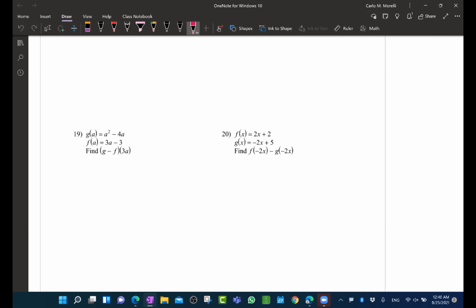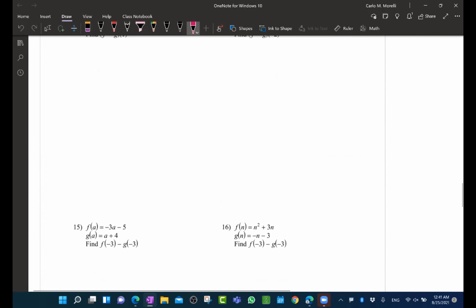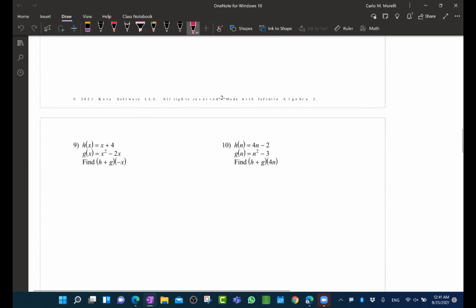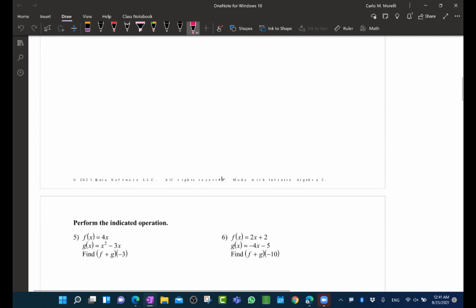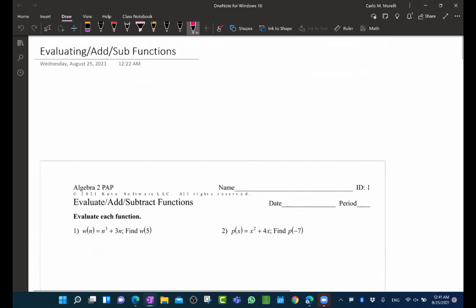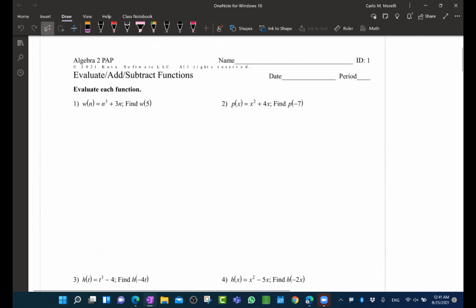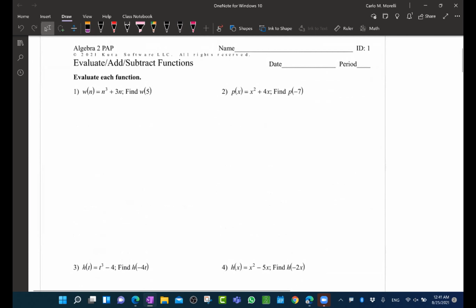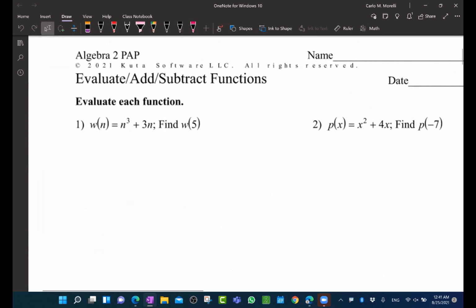Then we're going to subtract the results. All right. What I'm probably going to do is solve all of these and then cut some of them out so you actually have some work to do on your own. Okay, so let's get started with this assignment.